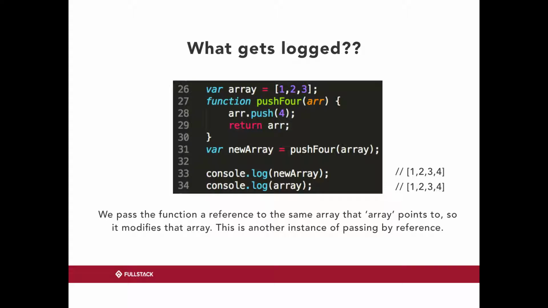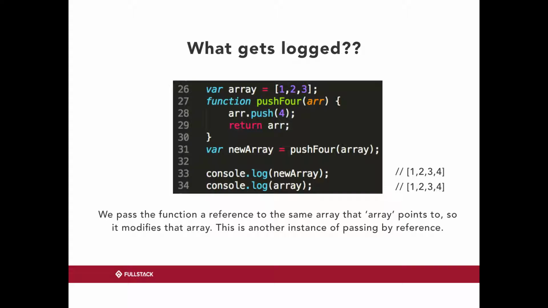Let's draw that out here line by line to see what's happening. Actually, I should erase those two. Okay, so line by line. Line 1, 1, 2, 3. Cool. And I have this variable called array.